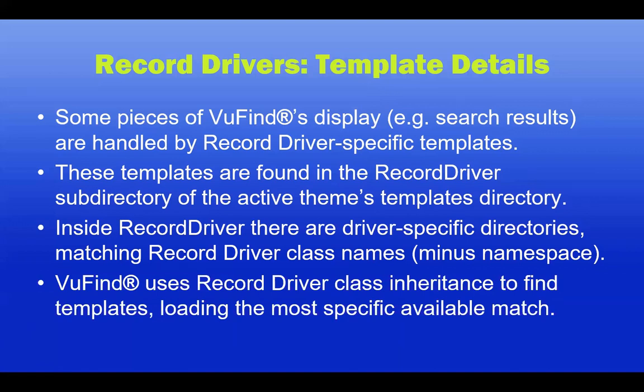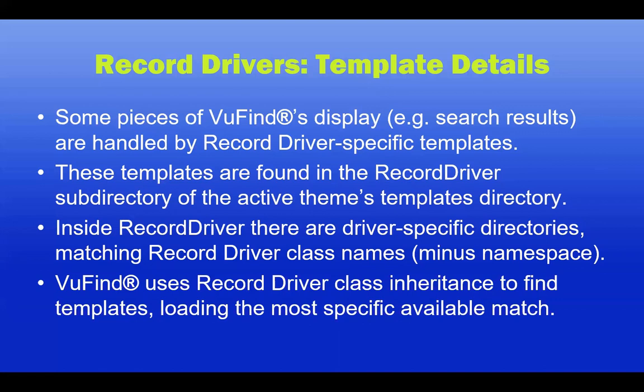Anyway, given the SolrMarc record, if VuFind needs to display it in search results, it's going to look and see, do we have a SolrMarc search result template? If so, use it. If not, let's check if we have a Solr Default result template. If we do, use it. Nope, we don't. So we fall back another level.